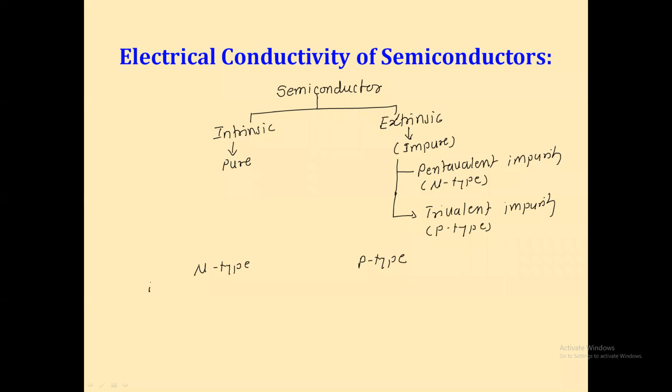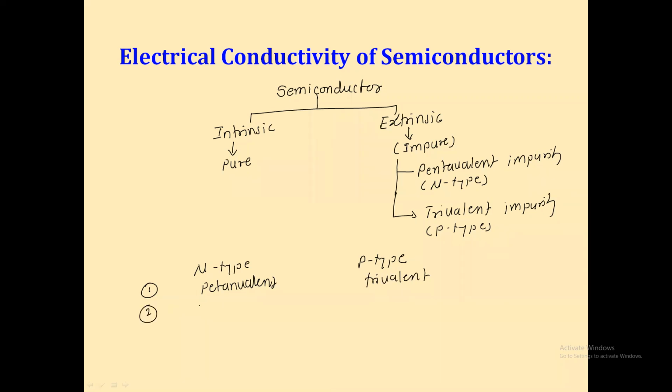So the first difference is that due to the pentavalent impurity, the n-type semiconductor is formed, and due to the trivalent impurity, the p-type semiconductor is formed.